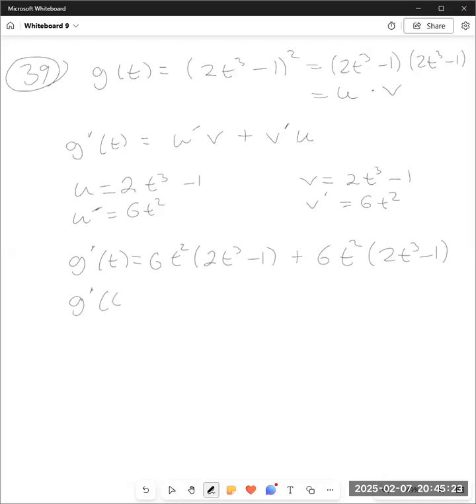G prime of t is going to be 6t squared plus 6t squared, which is 12t squared, times 2t cubed minus 1. And they leave it just like that in the book and say that they used the power or product rule.